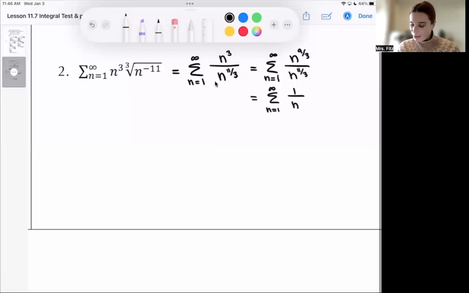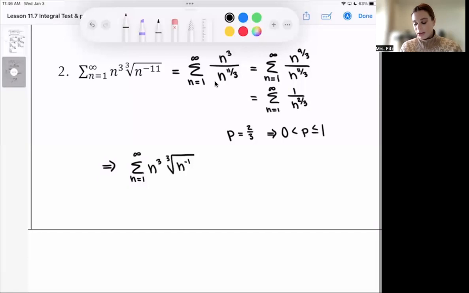Let's see, 9, 10, 11, 2/3. Okay, so this is a p-series where p equals 2/3. That means that it's between 0 and 1, right? Therefore, the sum from n equals 1 to infinity of n cubed times the cube root of n to the negative 11th power diverges by the p-series test.